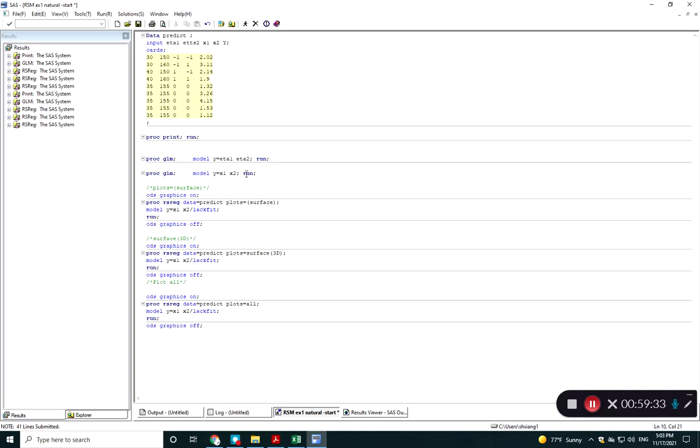Remember, I already told you, if you let Y model equal to eta, it means you're doing the regression based on the natural variable, because eta is how you generate your response surface. But you can also use the coded variable to generate the directions. And so you plug those numbers in. Okay? So let me do this here.